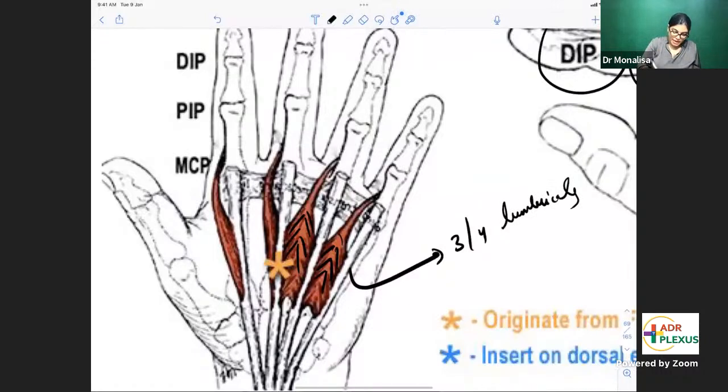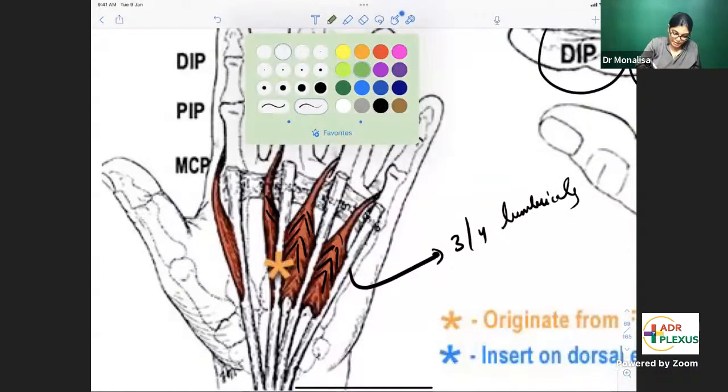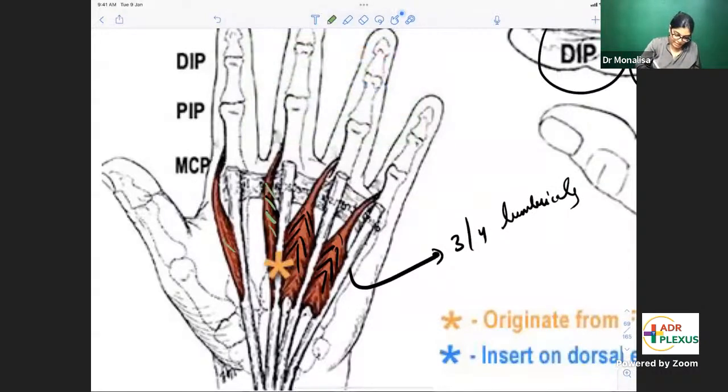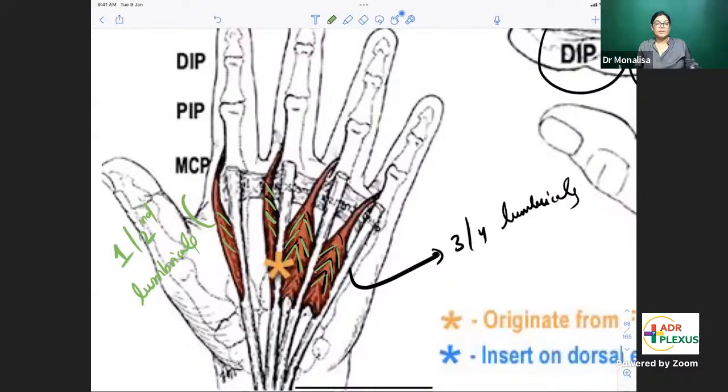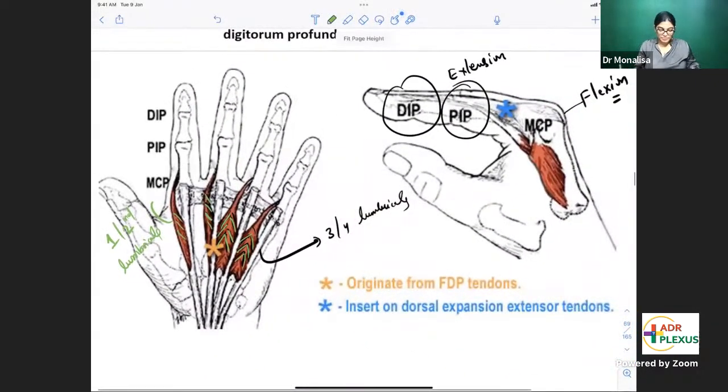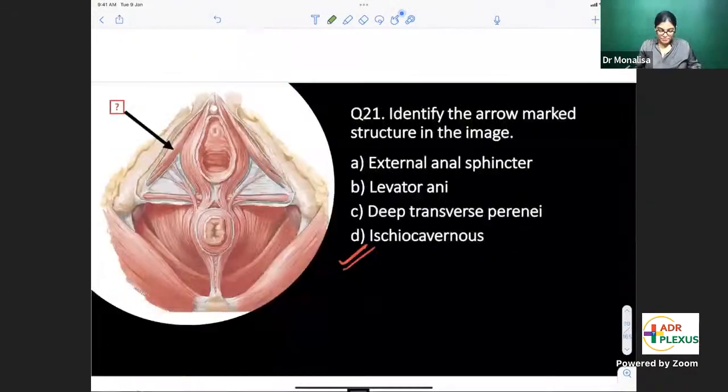This is bipennate, and these are unipennate. See here, this is unipennate. This is the first and second lumbrical muscles, which are unipennate, and these are the bipennate muscles. So Raghupati, is it okay? This is how the pennate muscle looks. Other than that, rectus femoris is also an example of bipennate.